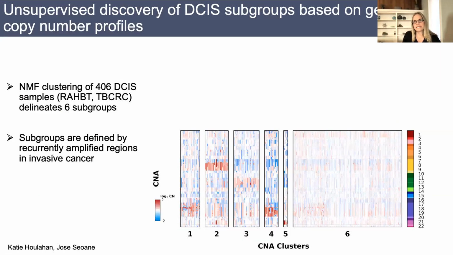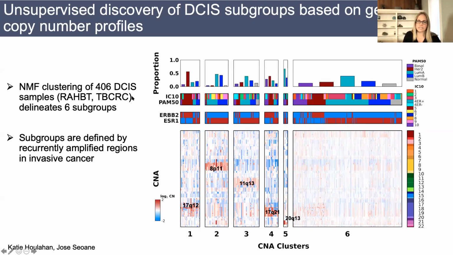And so now with these data in hand, we set about to perform unsupervised clustering using NMF of the combined RAHBT and TBCRC cohorts. What you can see below is that this delineates some 6 subgroups. And in fact, if we look closely, we'll see that there are characteristic copy number alterations that are picked up in 5 of the CNA clusters.